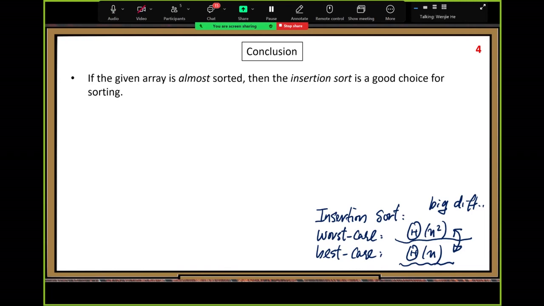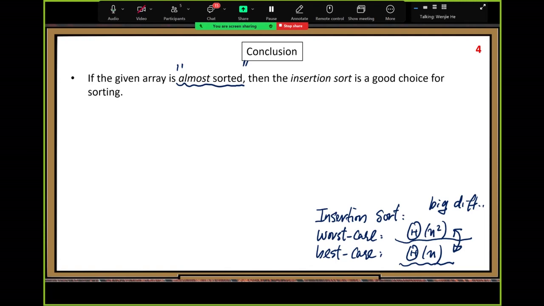If the given array is almost sorted, look at this condition: almost sorted. So it's not completely sorted, but it's almost sorted.